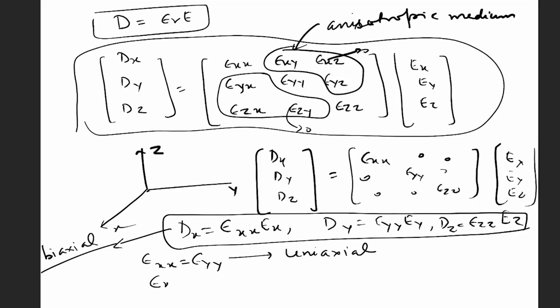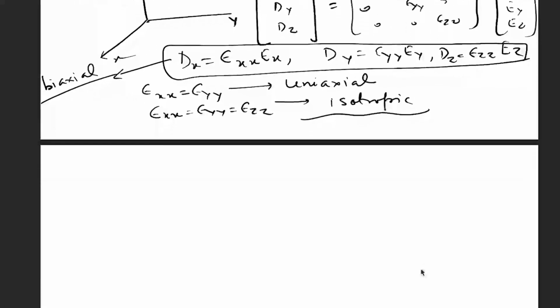And in the case when epsilon xx is equal to epsilon yy is equal to epsilon zz, then of course it will become an isotropic medium. So these are the various definitions of various kinds of media which we may encounter in the study of electromagnetics. But for an undergrad course, we will find that we are going to deal with only simple media, or isotropic media with some modifications from the definition of simple media.